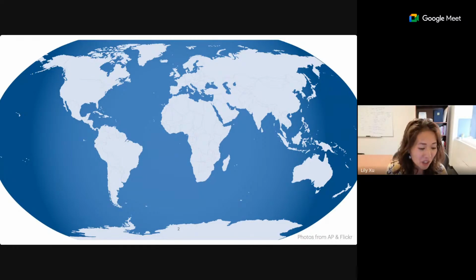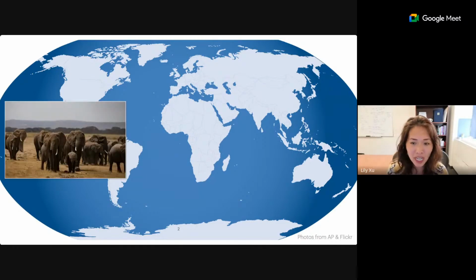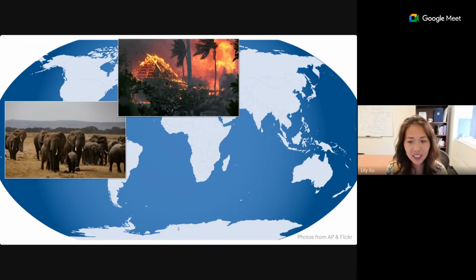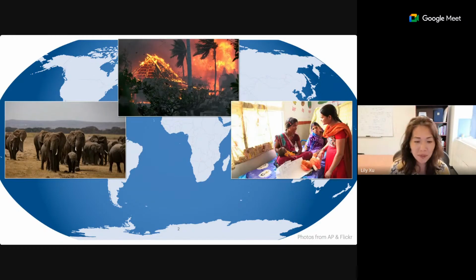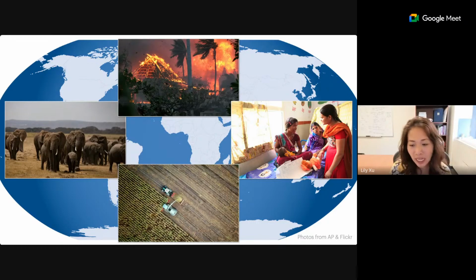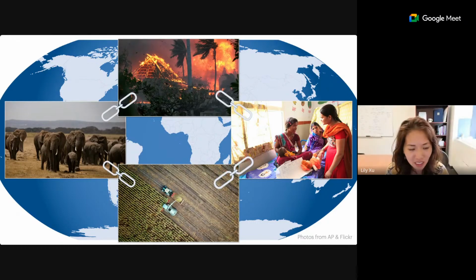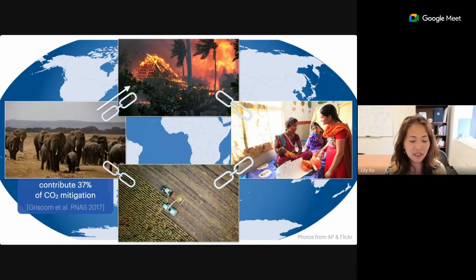As we are all aware, our planet is facing many global challenges, from biodiversity loss to climate change, public health issues, including maternal mortality and food insecurity. Importantly, all of these challenges are interlinked. Biodiversity conservation, for example, is an essential solution as part of climate change mitigation and adaptation strategies.